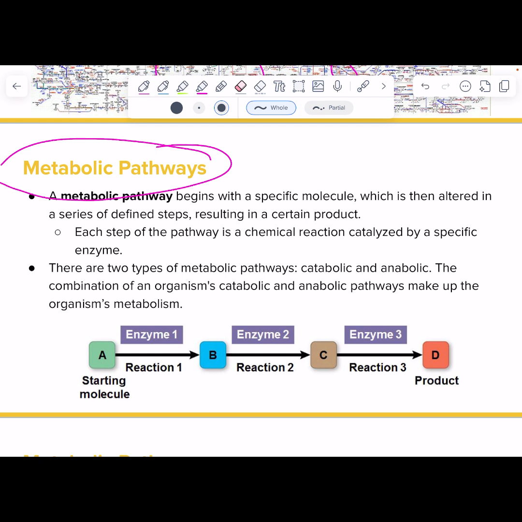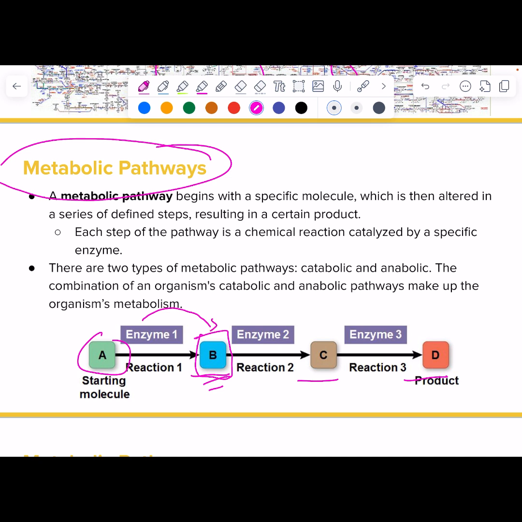So here we have a metabolic pathway, which means a reaction happening in the body that involves many enzymes. Every time you form a product, there is an enzyme involved. For example, if you begin from A and you form B, it means there is an enzyme making that reaction happen very fast.